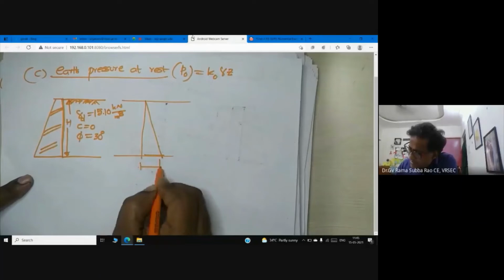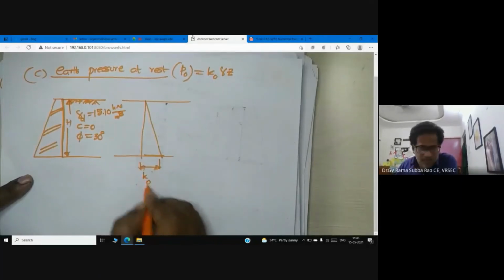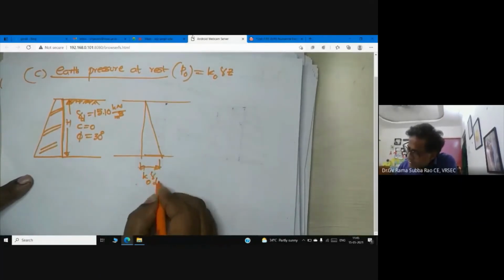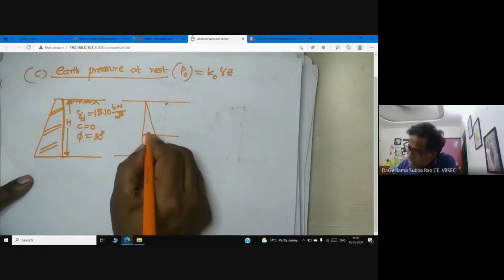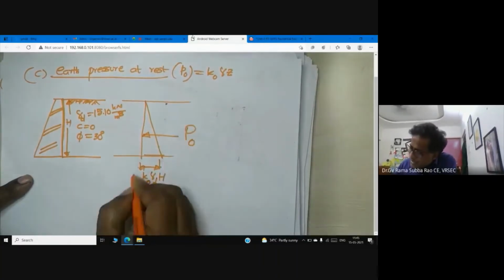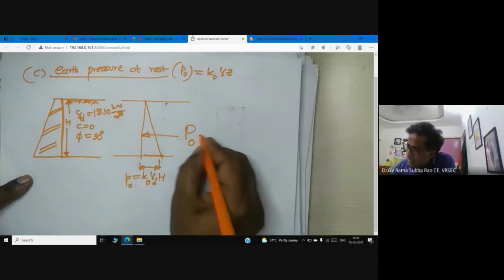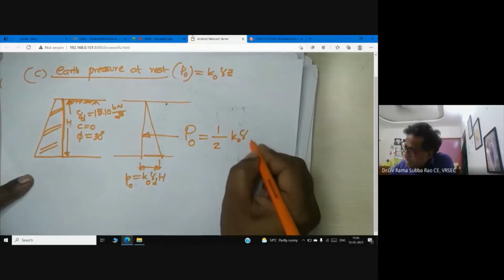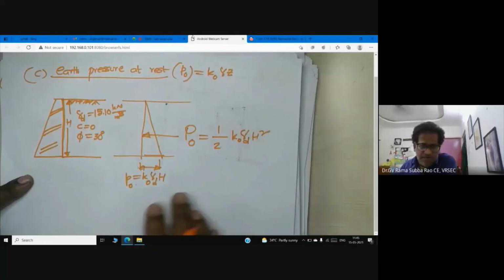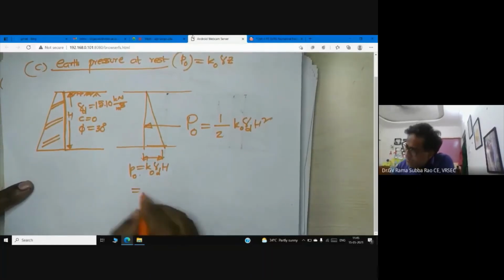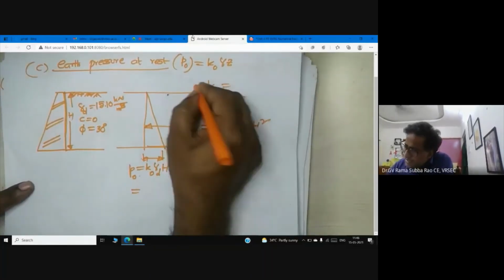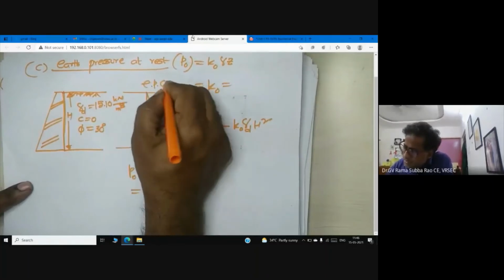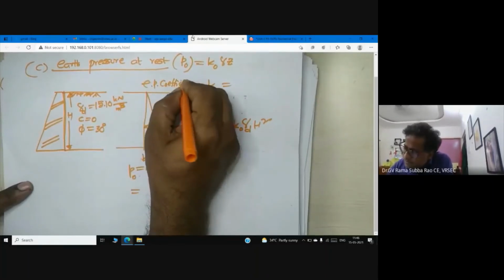What is this answer now? K naught into gamma D into H. How to calculate capital P naught? I know small p naught is K naught gamma D H square. I don't want to waste time. So what is K naught? What is the formula for K naught, the pressure coefficient at rest?